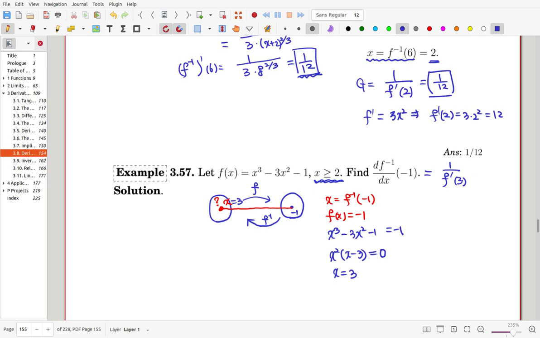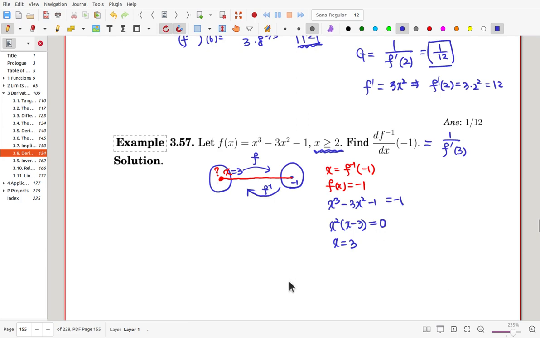Right? So to finalize the answer, we have to find f prime. Now f prime is 3x squared minus 6x, right? Yes, 3x squared and 6x. Okay, so f prime at 3 is 27 minus 18, so that will be 9. So the final answer is 1 over 9.